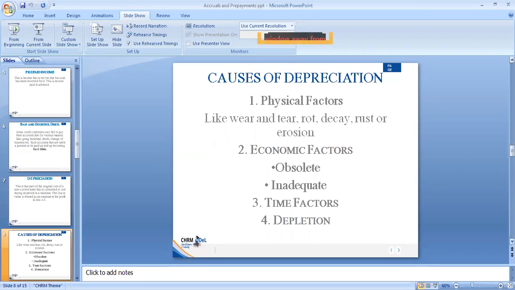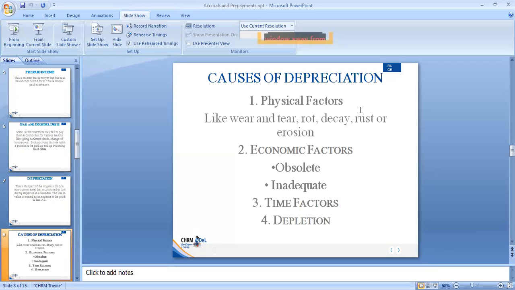Then here, we have what causes depreciation. Number one, we have the physical factors. The main cause is wear and tear. As you are using the fixed asset, it suffers wear and tear. Some fixed assets decay, especially wooden ones like furniture, if they are not properly kept, and maybe they are kept in a place that is rainy, they decay.